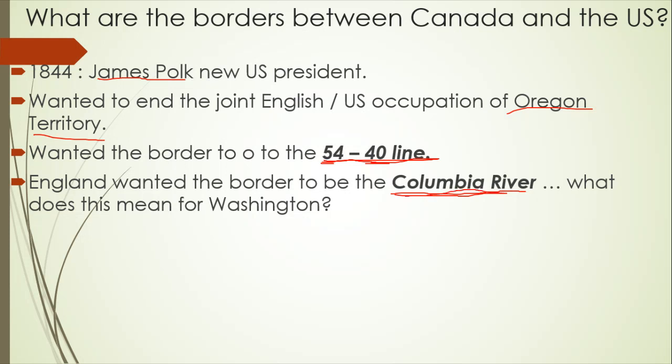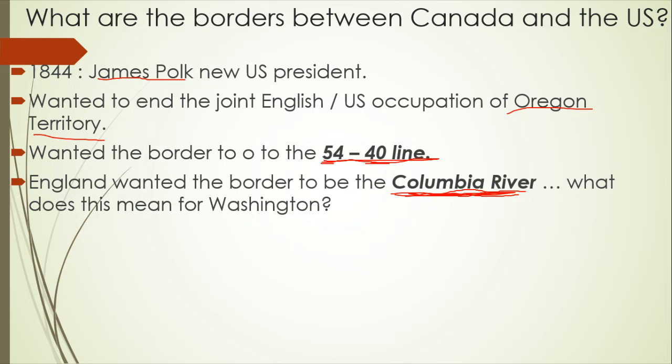Well, that would essentially mean there would be no Washington state, because our current border with the state below us, Oregon, is in fact the Columbia River. So if England gets her way, there essentially is no Washington state, there's just Oregon.